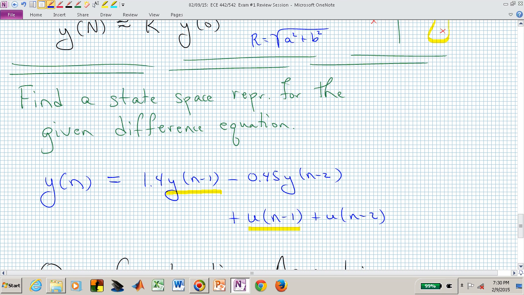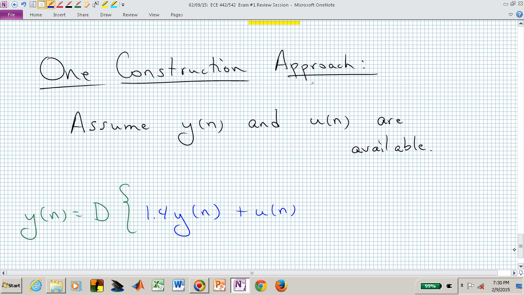Now I need to delay by 2 delays, so I'm now going to nest my delays. I haven't yet closed up that curly bracket. I'm going to introduce another bracket. I can't get very creative, so there's another bracket. Maybe I should have done that, but this red is inside the green. This green delay and the red delay are both operating on what's inside the red bracket.